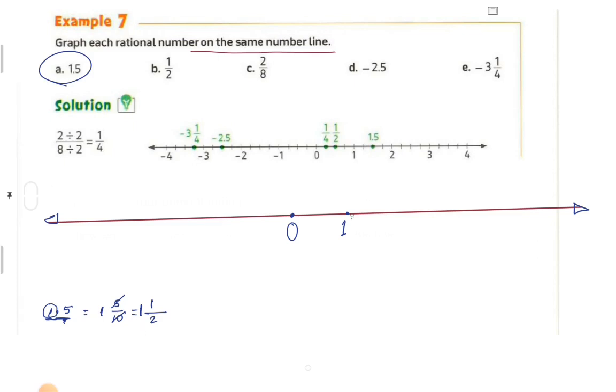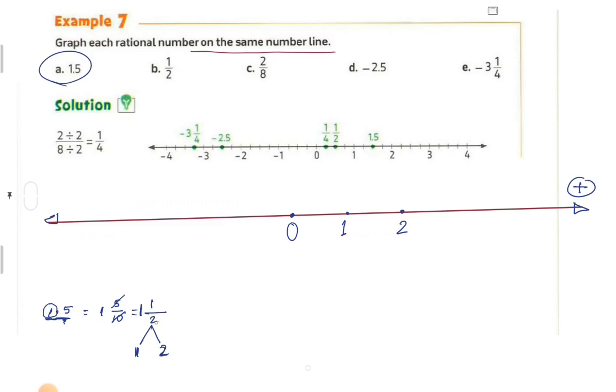Then I will move to the right in the positive direction to find the half. 1.5 is between 1 and 2. Here we have 1, and here 2. Where exactly is it located?